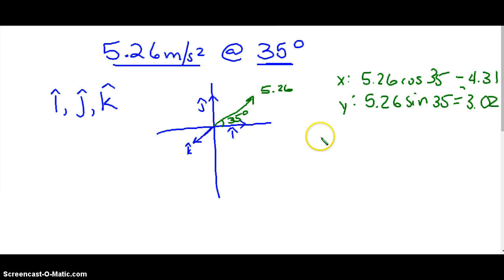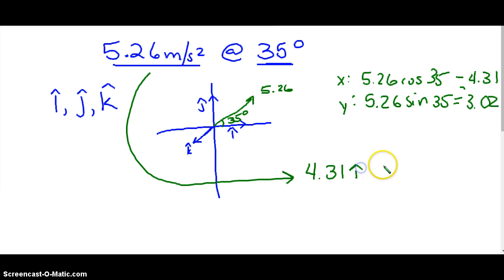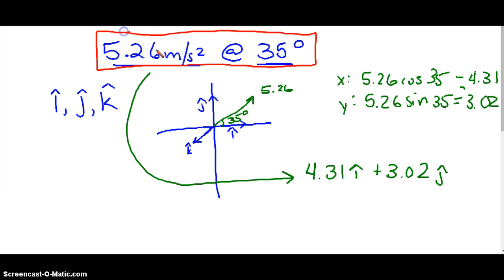So one way we can write this is we could say that this vector is also the same as 4.31 I hat plus 3.02 j hat. This vector is how we'll usually write it, but I just want to point out that it's the same as this.